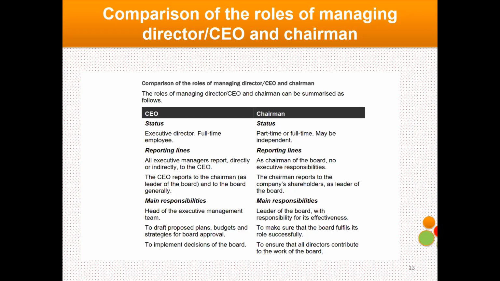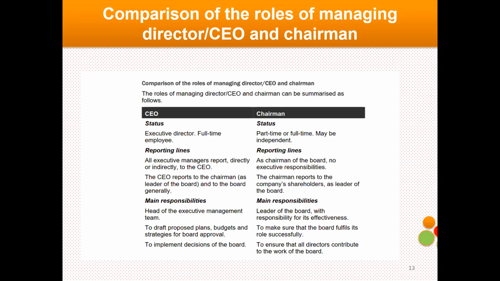Now let's compare CEO and chairman. The CEO is the executive director. He's a full-time employee. The chairman could be part-time or full-time. In practice, what I've seen is that they are part-time and they may be independent.